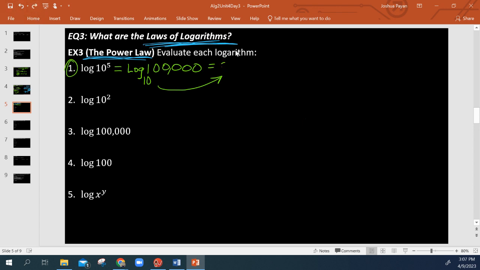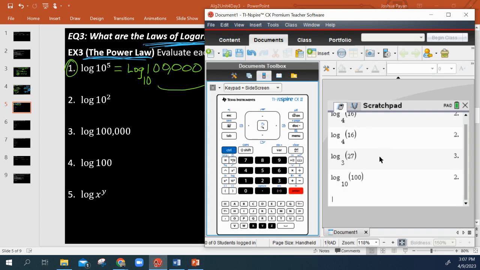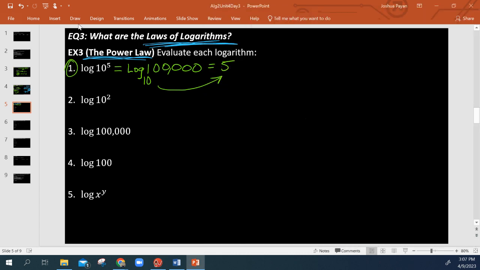The answer is quite simply 5. And if we put this in a calculator, log base 10 of 10 raised to the fifth power gives me 5.